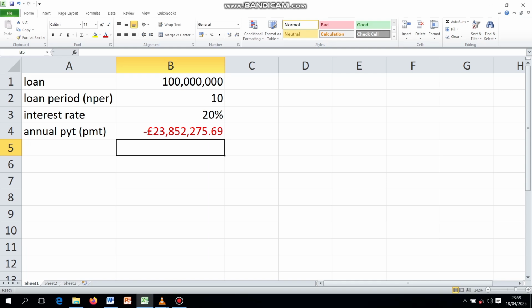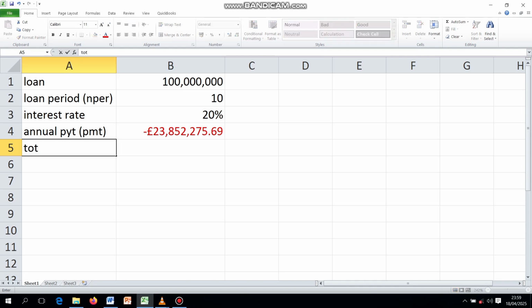After getting that, I will also need the total recoveries at the end of the loan period.